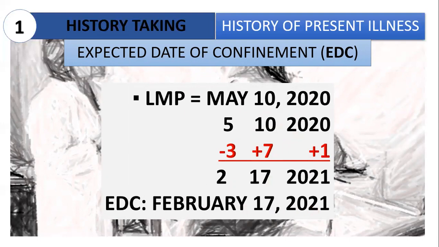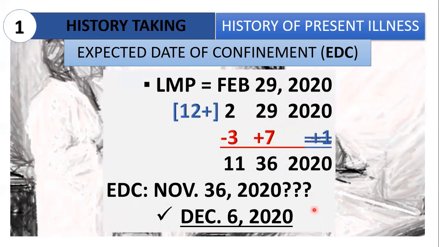However, there are some modifications to this Nagel's rule, especially for the months of January, February, and March. Here is an example for the month of February, wherein we add an additional 12 months to the equivalent number of the month. For February, it's 2, so we add 12.